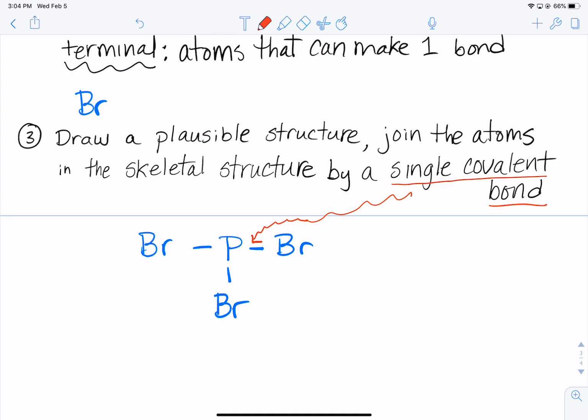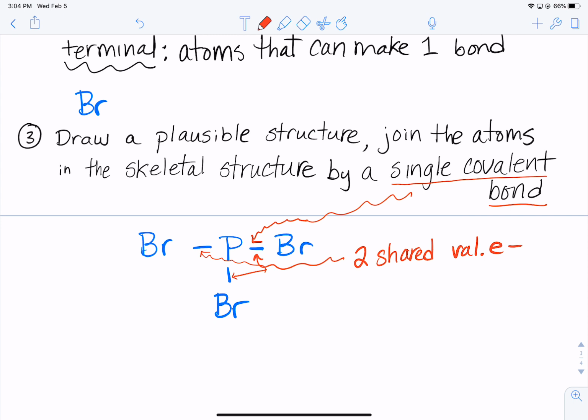Do you know what that single covalent bond represents? It is 2 shared valence electrons. The dash, yeah. So this one is 2, and they're all representing 2 shared valence electrons.